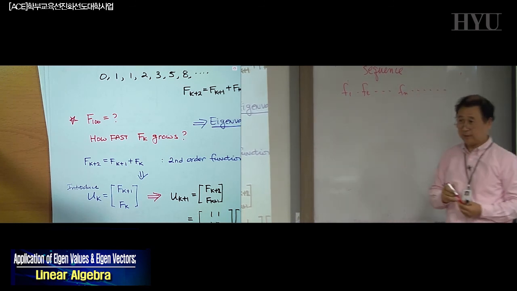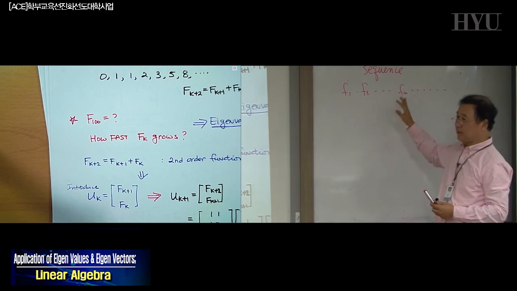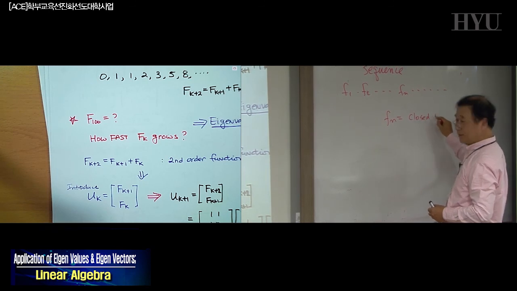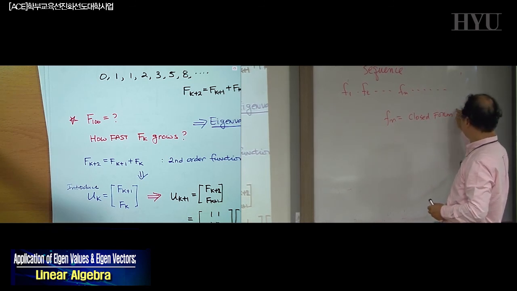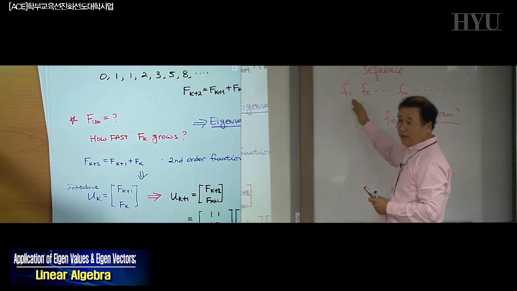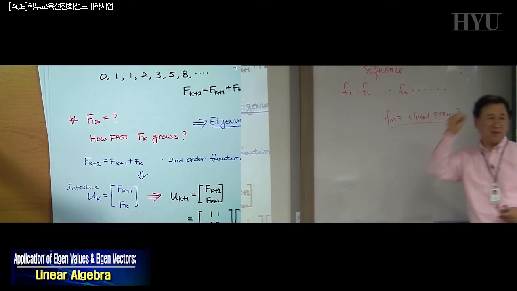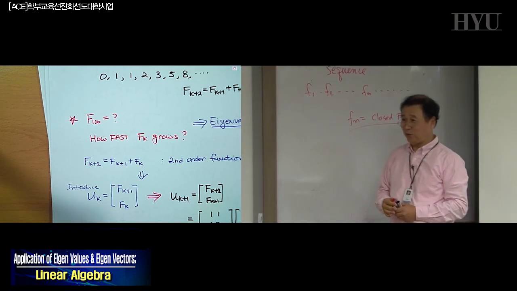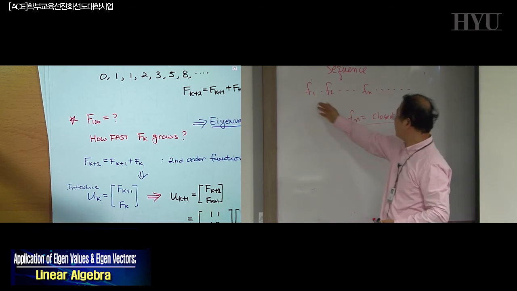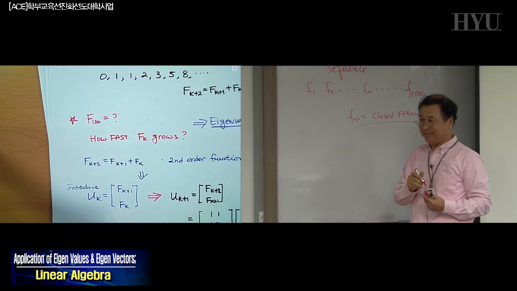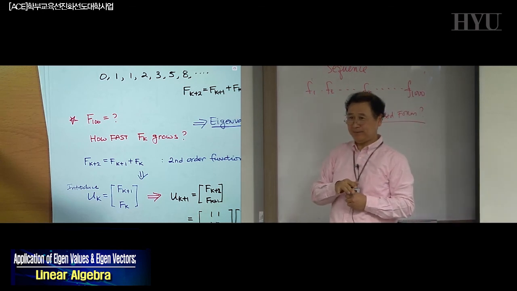To compute Fn, you know what a closed form is, right? If you give me a closed form, I can easily compute. I don't want to start from the beginning. You plug in the number and you get the result, right? That's what you want. For 1,000, no problem. I'll just give you a number.